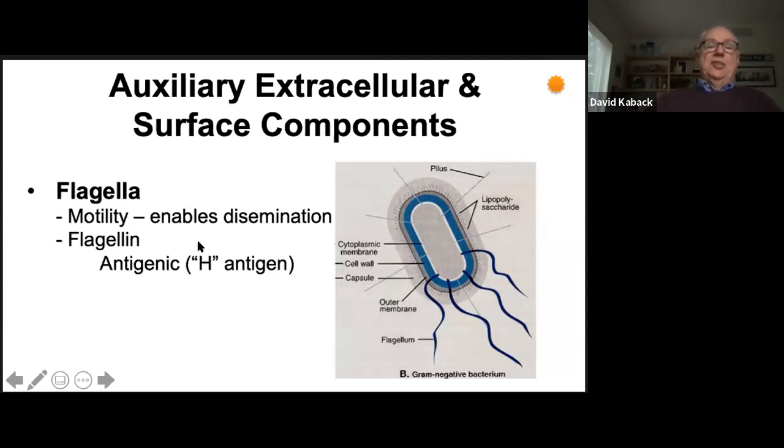And these actually are characterized as being antigenic, and when you see bacteria with an H antigen, they're talking about the protein flagellin, shown here, which is a fairly well-conserved protein that is the major protein of this motile structure that gives the bacteria motility.